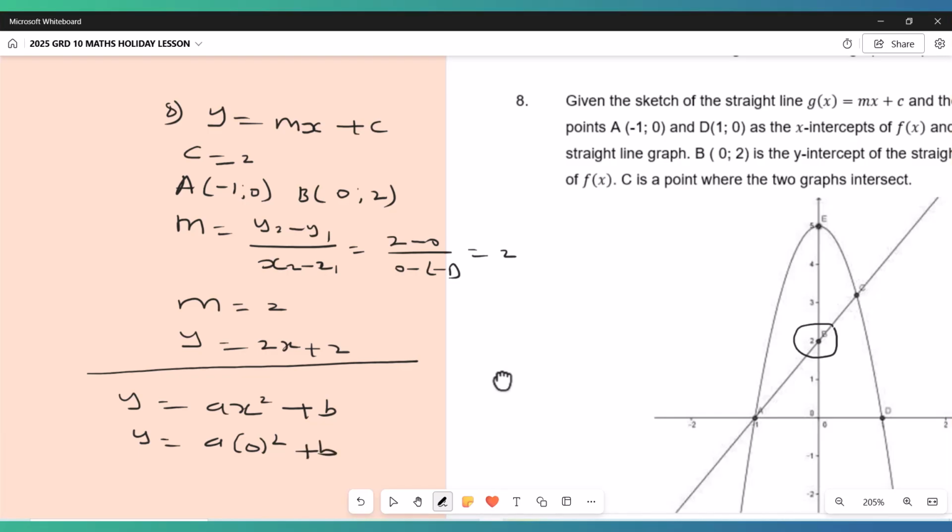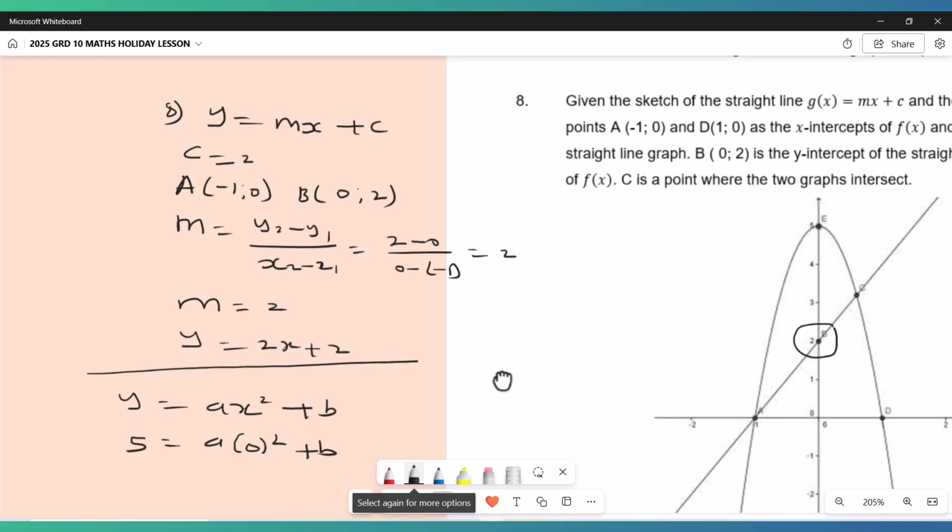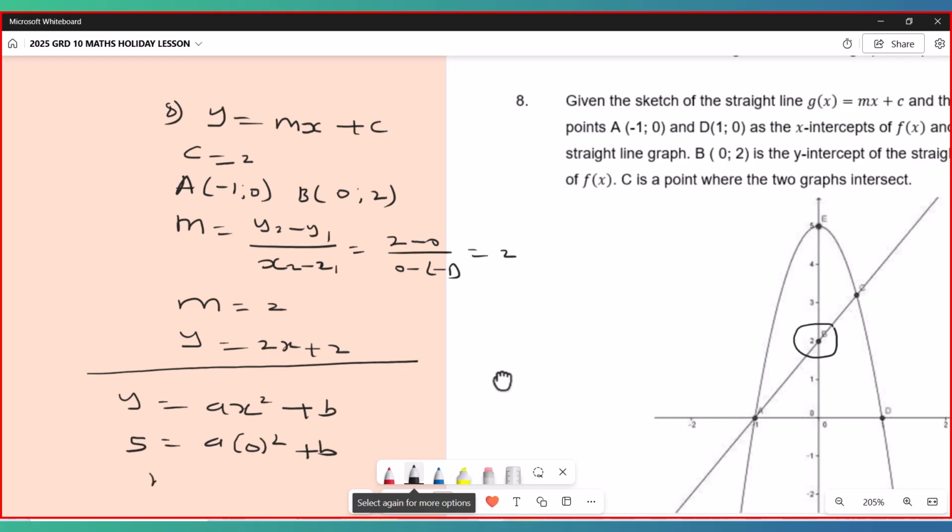The y at E is 5. If you take 0 squared, guys, 0 squared is 0, right? Then 0 times a gives 0, meaning our b equals 5.